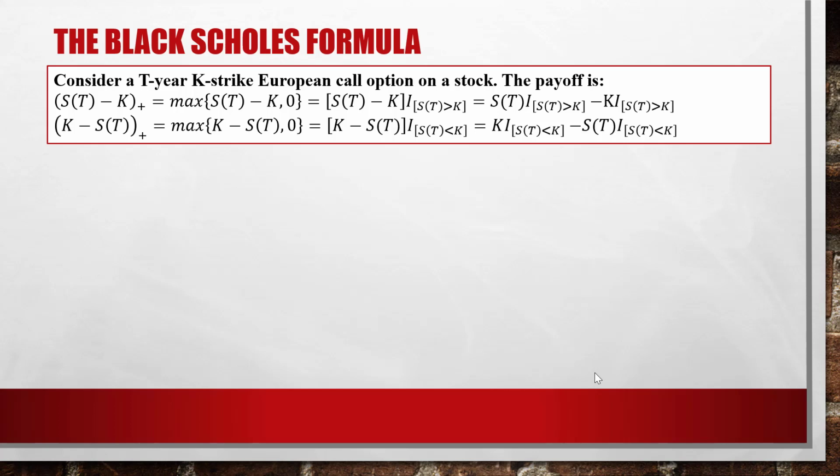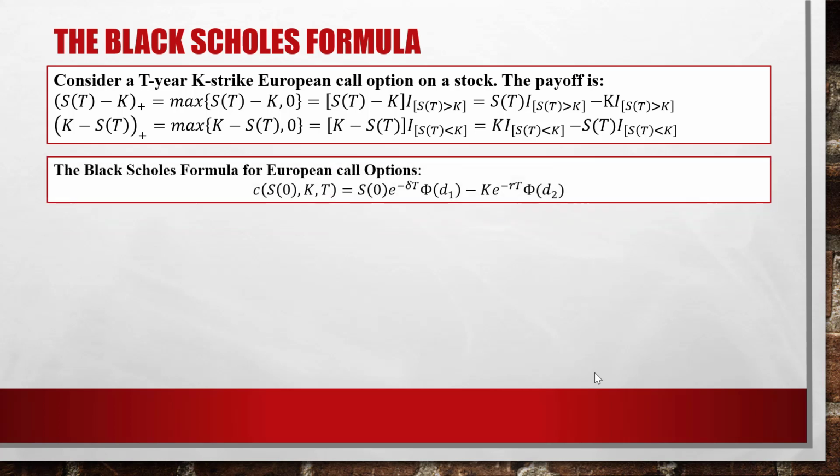Similarly for the put option, (K minus S(T))+ results in the maximum value between K minus S(T) and 0, and it is equal to (K minus S(T)) times the indicator function. It is equal to K times the indicator function minus the stock price times the indicator function. Now for the Black-Scholes formula for a European call option, the initial price of the call option should be equal to S0 e^(-δT) Φ(d1) minus K e^(-rT) Φ(d2).